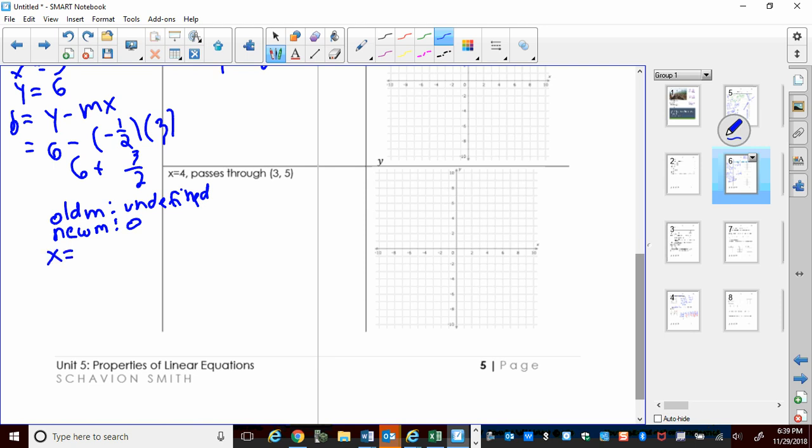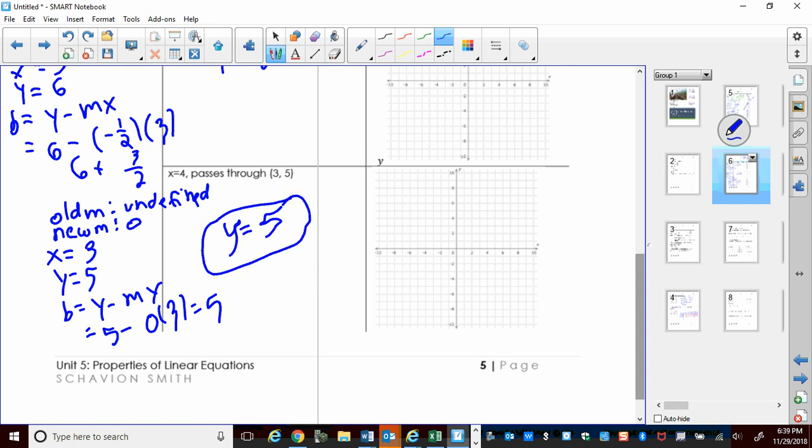X equals 3, y equals 5, b equals y minus mx, or 5 minus 0 times 3, or just equals 5. So your new equation is y equals 5, and you're done. Okay?